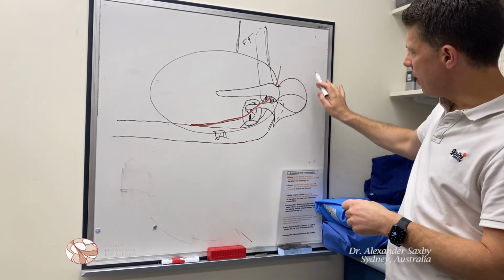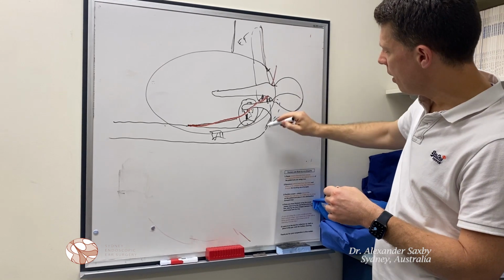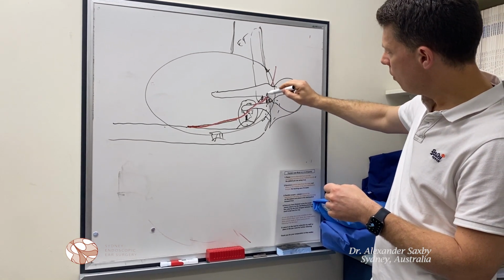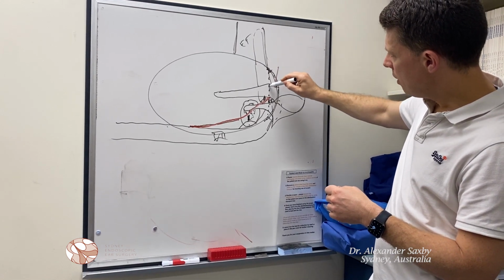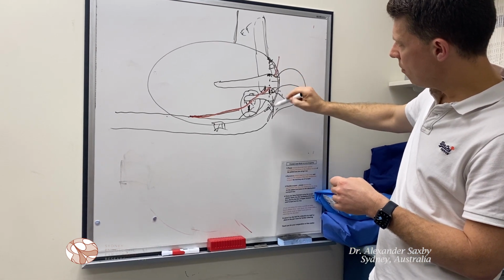So what about the space up here? Well, actually, what we can talk about is you've got the anterior tympanic spine and the posterior tympanic spine. So between the two, you've got the pars flaccida, between the scutum and the lateral process of the malleus. So this is the pars flaccida.